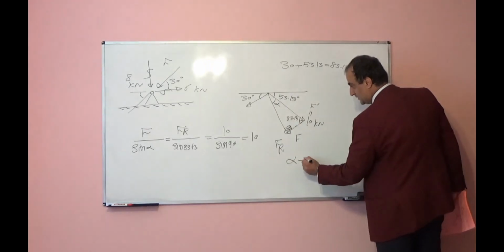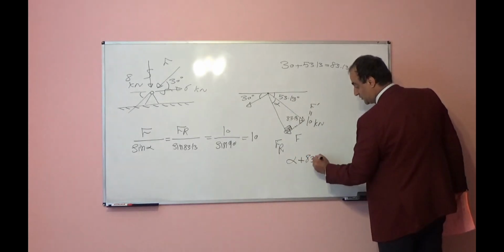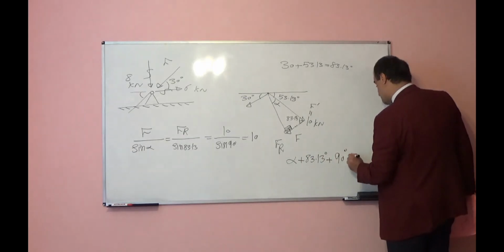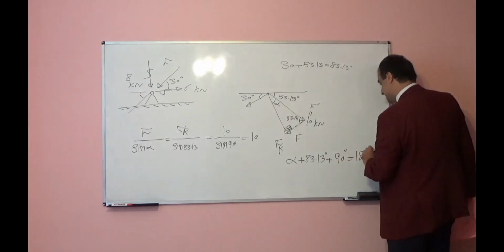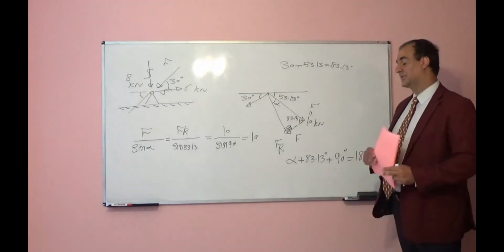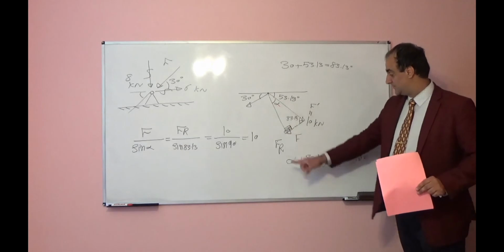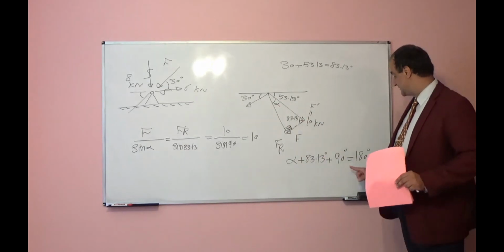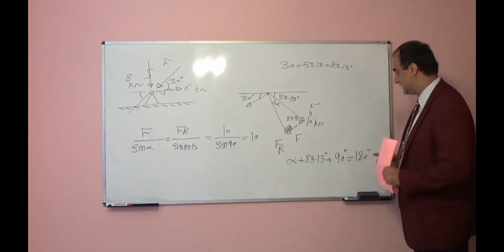So alpha plus 83.13 degrees plus 90 degrees should be equal to 180 degrees.